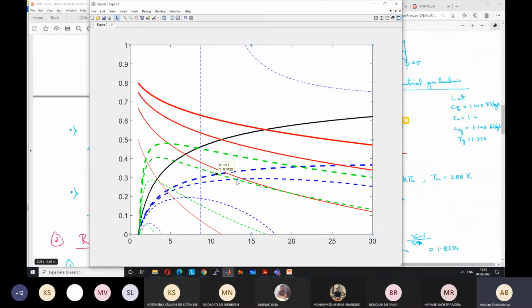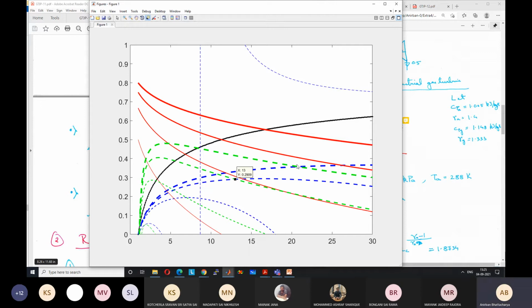Because we are looking at T equal to 4, the crossover point is around 13. After 13, the simple Brayton cycle is more efficient. Before 13, the regenerative cycle is more efficient.